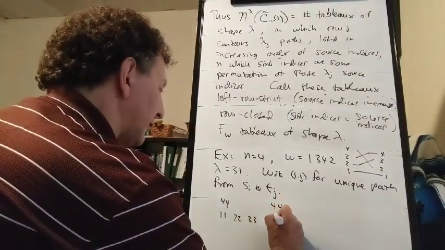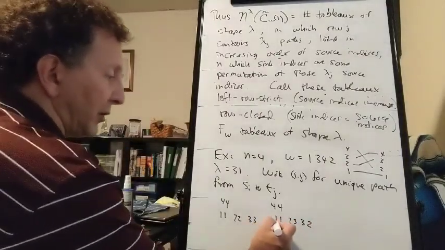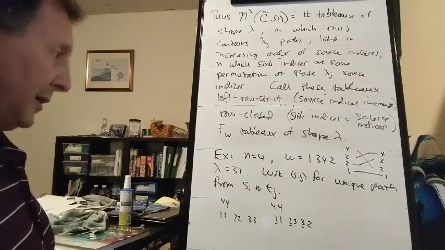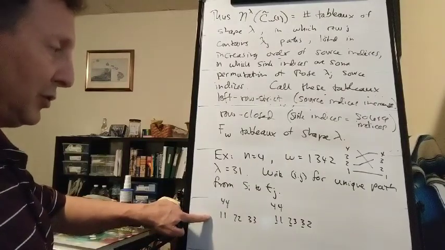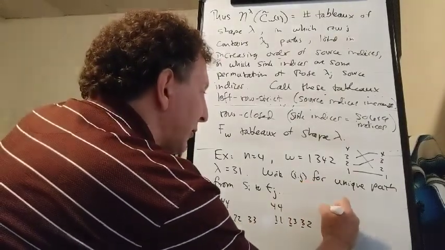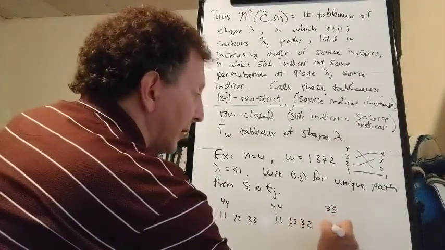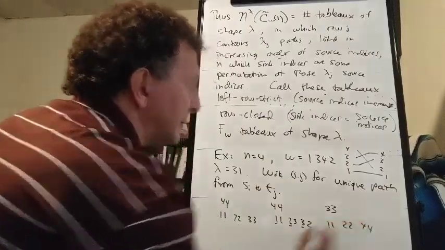So we also have 1 1, 2 3, 3 2, and I'll write them in this order because we have 1, 2, 3 increasing. Now if 1, 2, 3 are in the first row, those are the only two options.